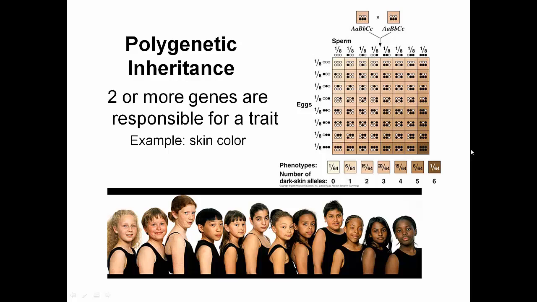Some things like skin color are affected by more than one gene at a time. So it's not as simple as one letter, skin color, let's say S. There are many, many different genes that work together to give you your skin color, and that's why we have such an array of possible skin colors in humanity, because there's more than just one gene that codes for it.